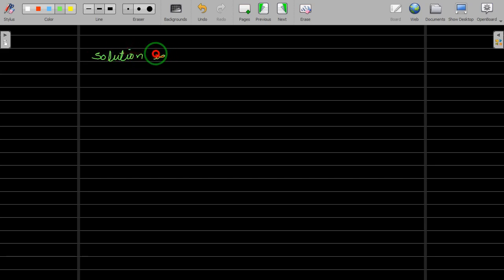Solution is given by, it is same, y of x is equal to f of x, that is e raised to x minus x minus those Ci's, so minus 0.5010 x square. Check the signs.